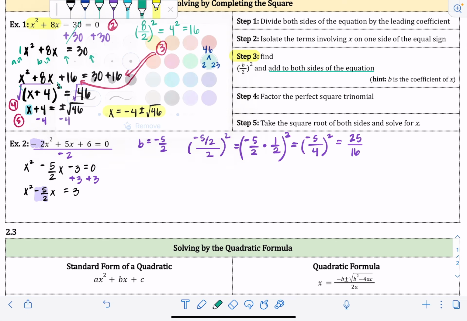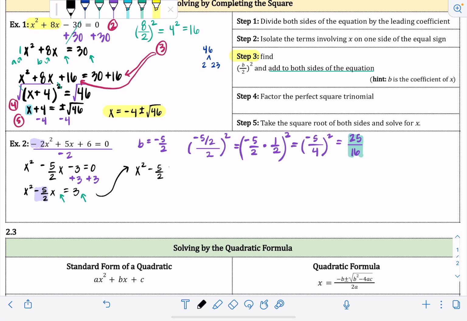So 25 sixteenths is what I have to add to both sides of the equation. It's going to get added right here and right here after the 3. So I'm just going to go ahead and bump this over right now. I have x squared minus 5 halves x, and then I have to add that fraction in, so 25 over 16, equals 3 plus 25 over 16.